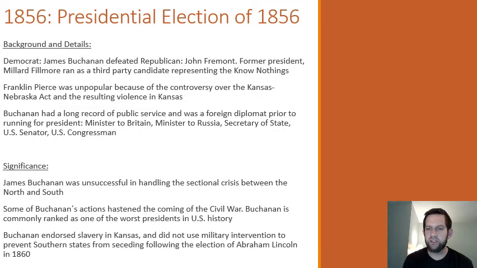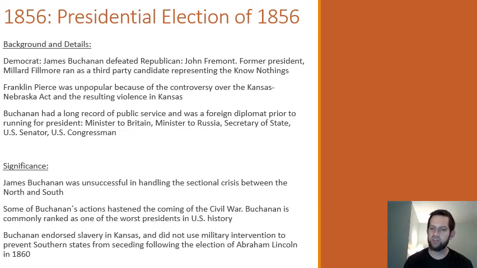Okay, so let's briefly conclude here today by discussing some of the reasons why James Buchanan fails. It was pretty obvious to most people that the violence and the escalating events that were happening between the North and the South over the expansion of slavery was slowly breaking the country apart, right?